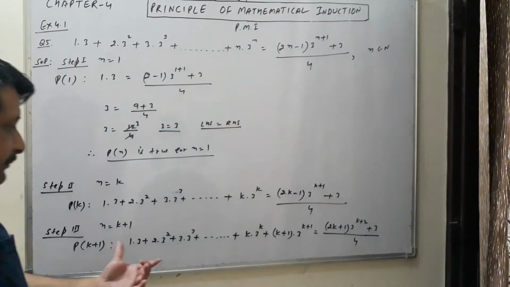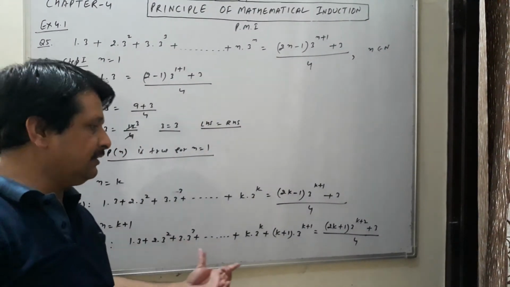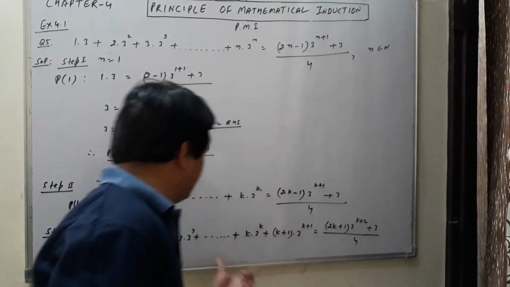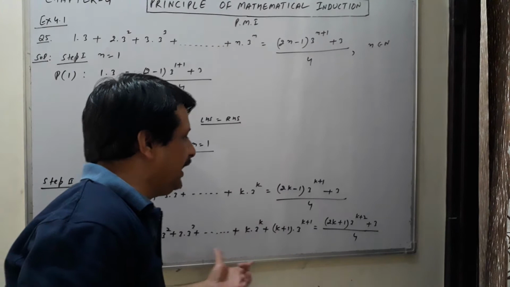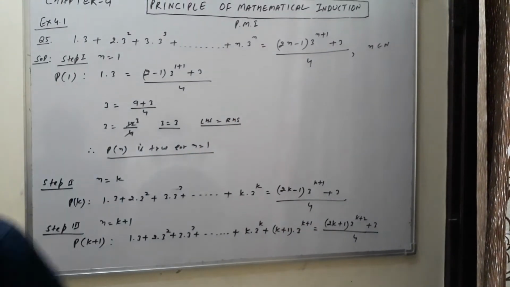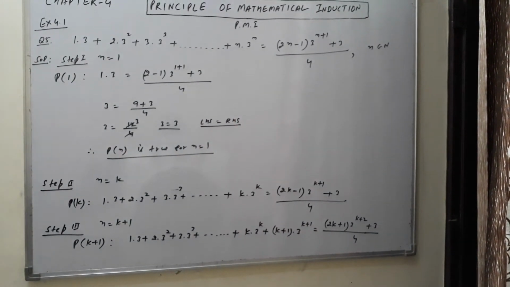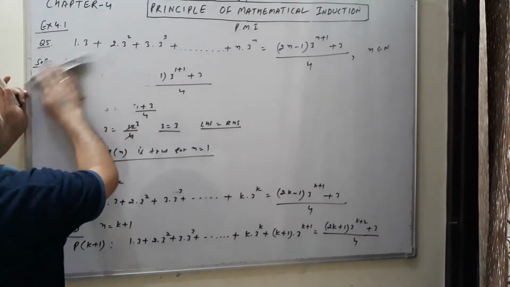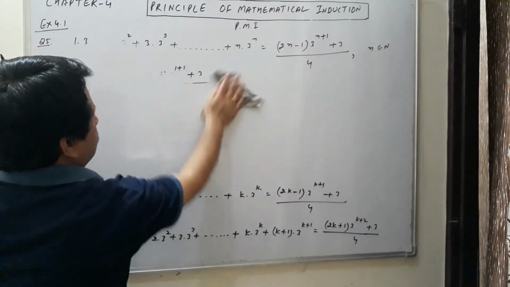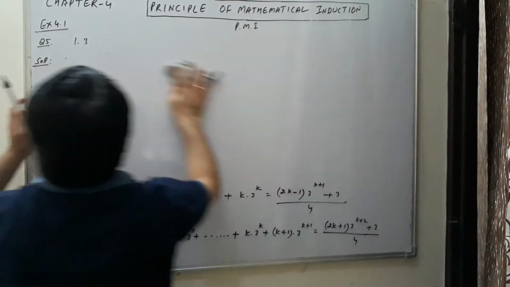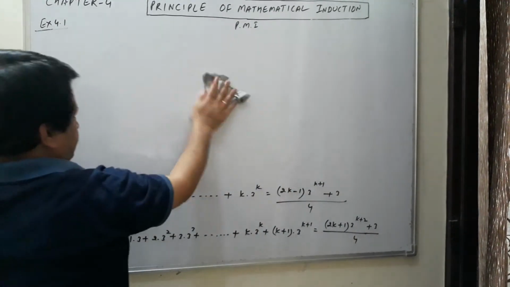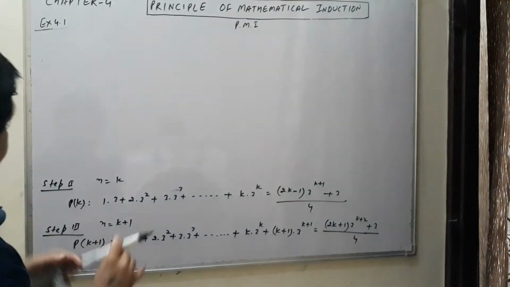Now student, this is the left hand side, that is the right hand side. So we will solve this left hand side by making the use of step number 2, and we will make it equal to right hand side. So let us come. Now I am going to solve step number 3 here. So let us see.